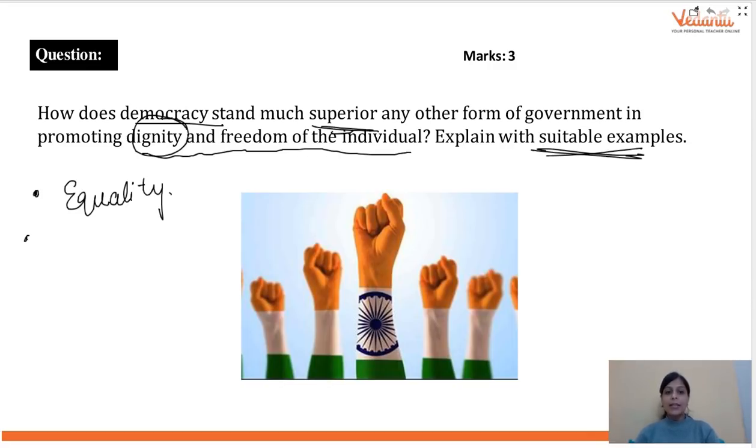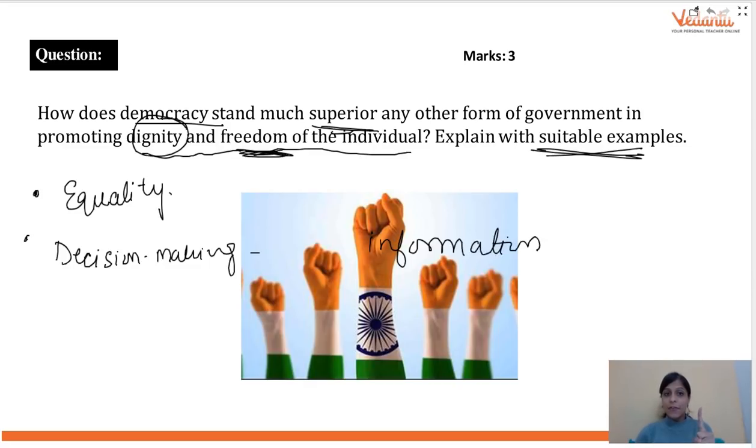Second, every person is involved in the decision making process. Every person has the right to get information, so there is freedom and dignity associated with it.